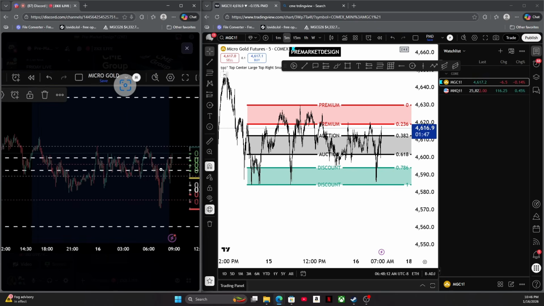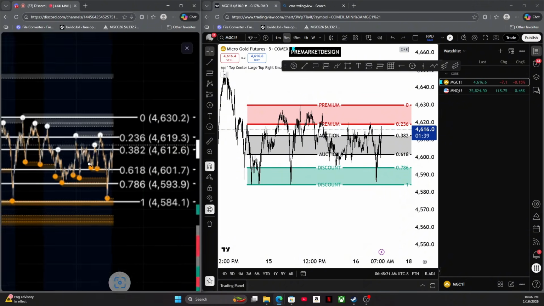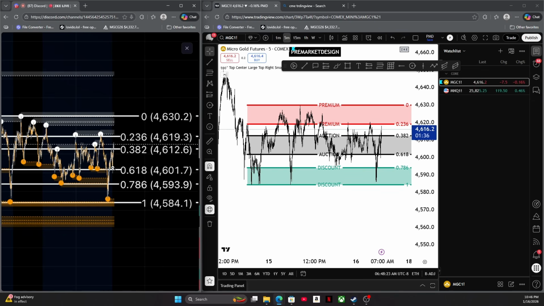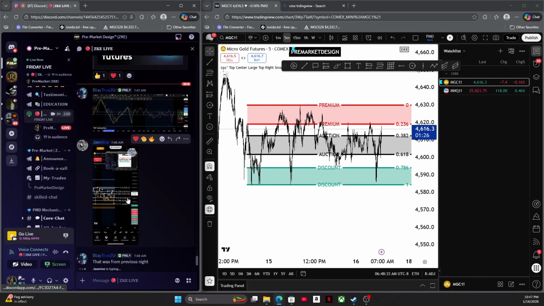You just have the lines on them, I'm assuming. I'm trying to understand your fibs. And Jasmine, she has the same fib I have. It looks like a bullish fib. Yeah, bullish fib, exactly. And you got the pivot points on that. Yep, that was from previous.